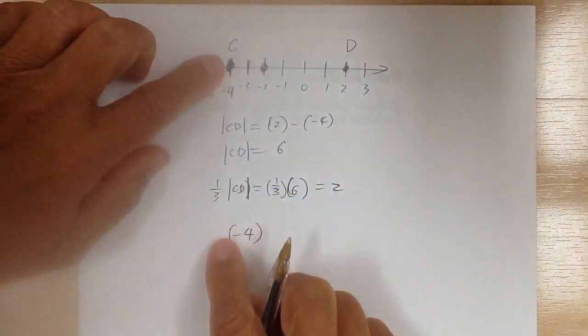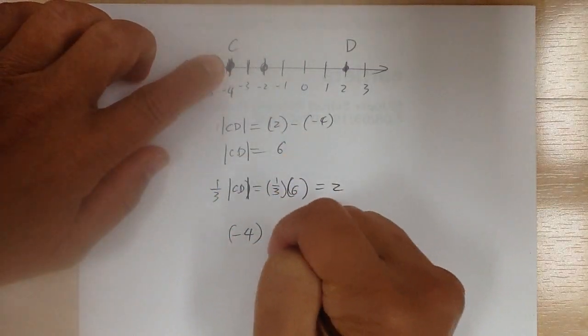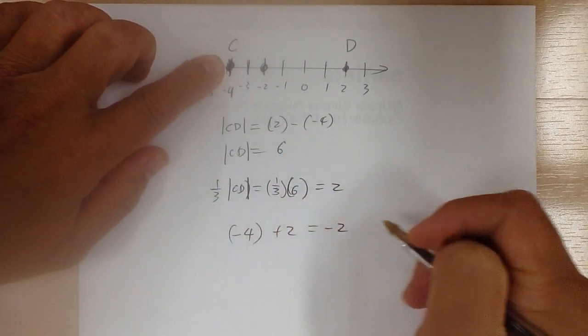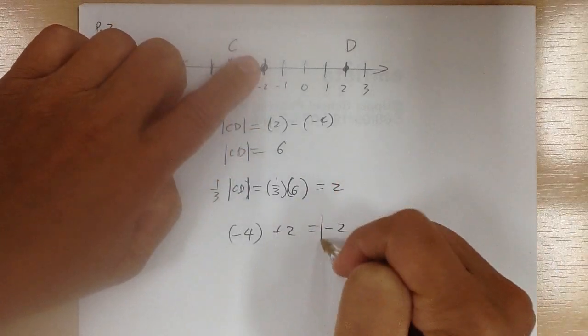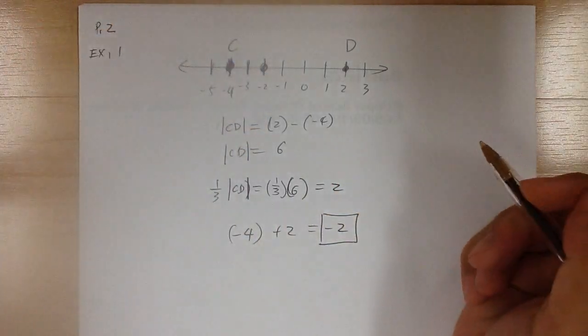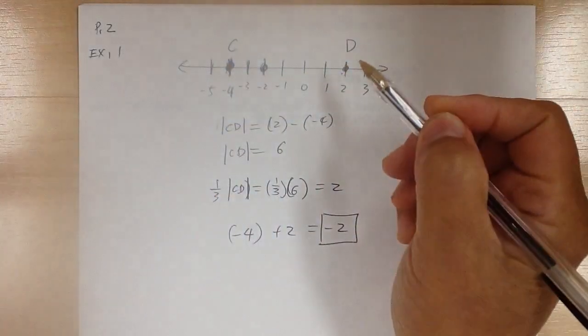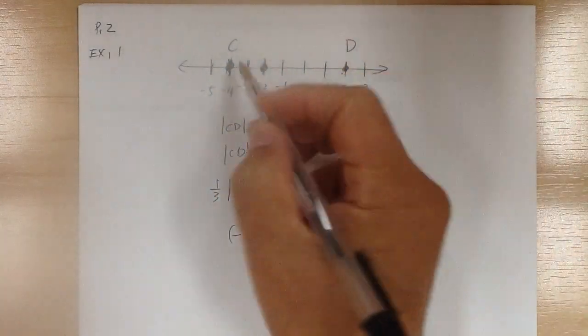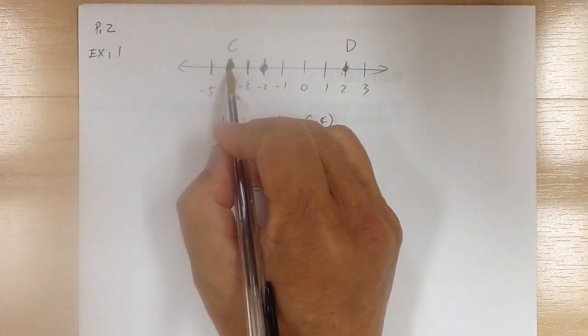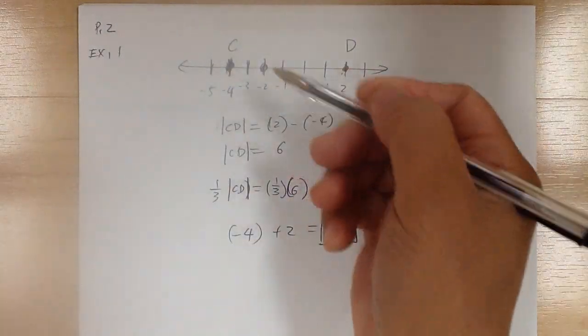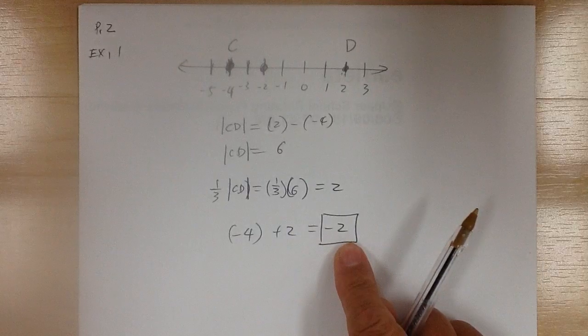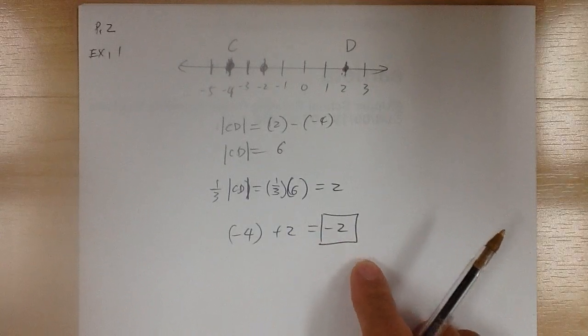That's your starting point, and you want to go 2, so you add 2, and this will give you -2, and this will be the coordinate of that point. That's the math behind it. To figure out the distance, you use the end minus the beginning, and from there you can use your starting point and add to go this way or subtract to go that way. So this is the answer for example 1.